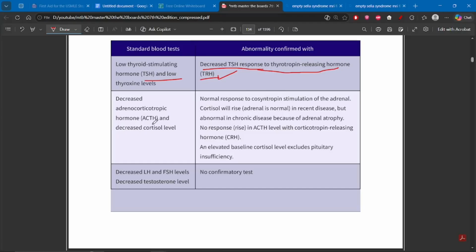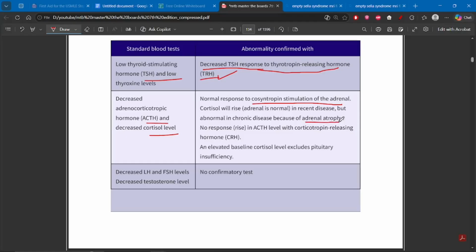And then there is decreased ACTH and cortisol levels. The normal response to cosyntropin stimulation of the adrenal is that cortisol will rise. So if we give cosyntropin, cortisol will rise in recent disease, but the response is abnormal in chronic disease because the adrenal atrophies.